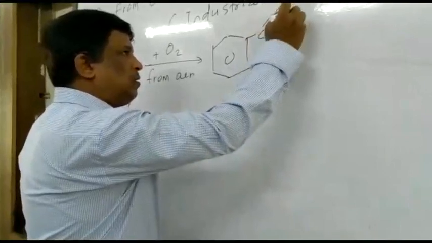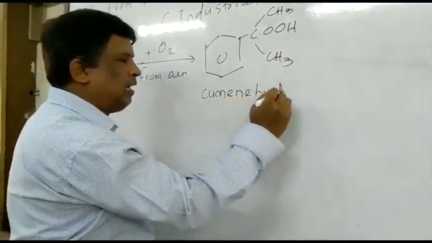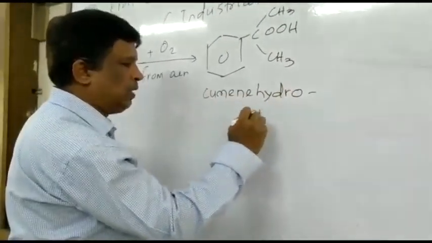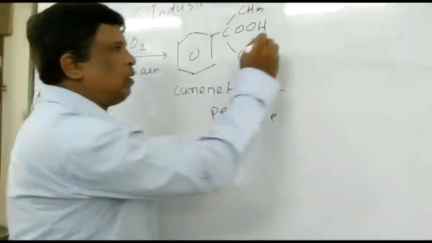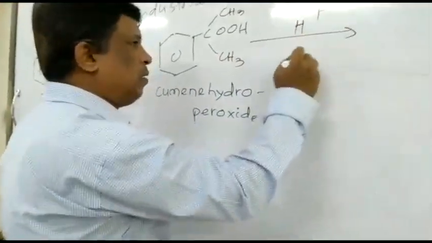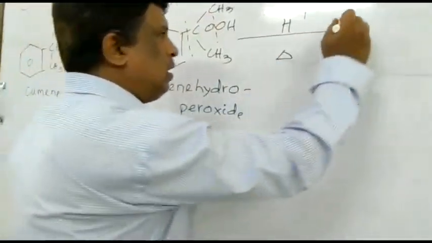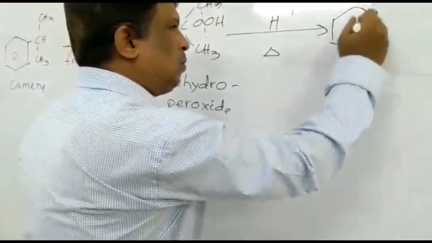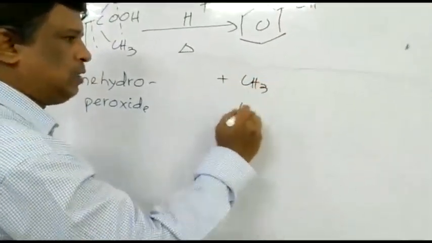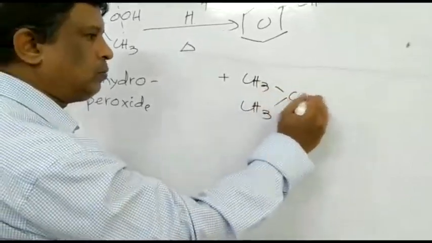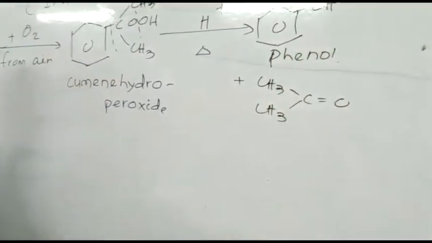Cumene hydroperoxide is formed. Upon acidification, there is a cleavage of this bond, resulting in the formation of phenol plus acetone. Its name is phenol. The byproduct is acetone.